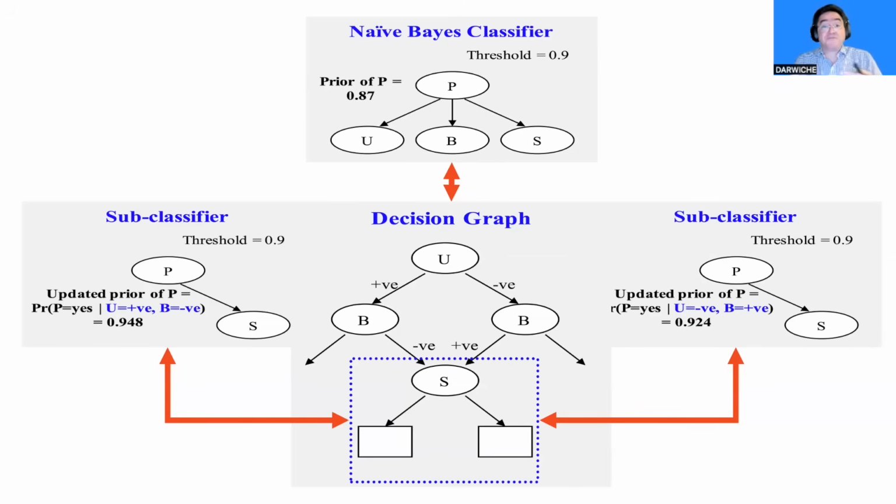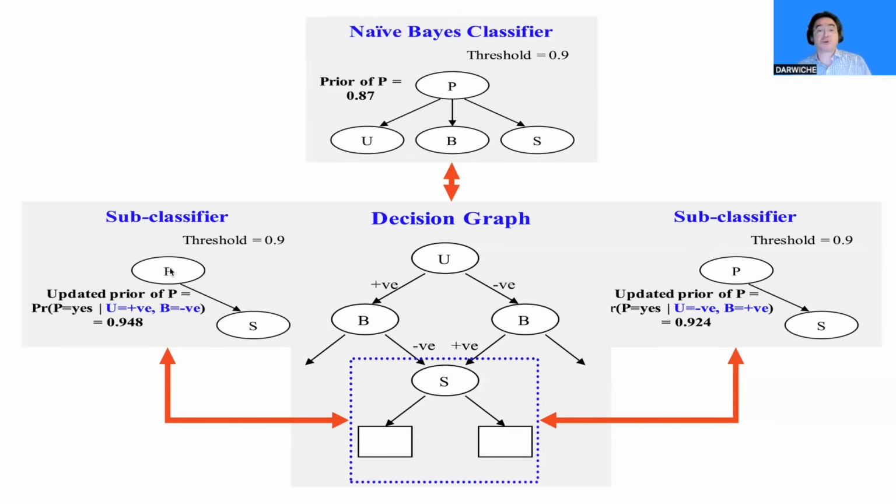They are syntactically different as far as the numbers on the class variable, but they're equivalent as far as the decisions that they make. Now, if I know how to detect that, then when I compile this into a decision graph, and I'm coming down here, I will detect that I already solved that problem, so I don't do it again. And I just point to the compilation of the subclassifier.